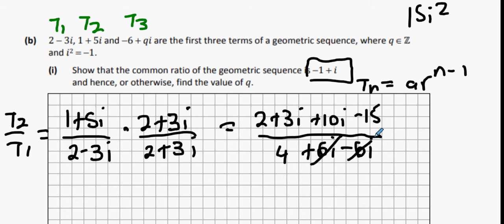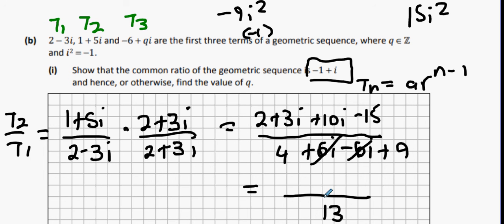And then it's going to be minus 9i squared, and i squared is minus 1, so minus 9 by minus 1 is plus 9. And what we're going to get here is 9 plus 4 is 13. And then we're going to get minus 13 and 13i on top as well. And then dividing both by 13, you get minus 1 plus i. Right, that's your R value sorted.